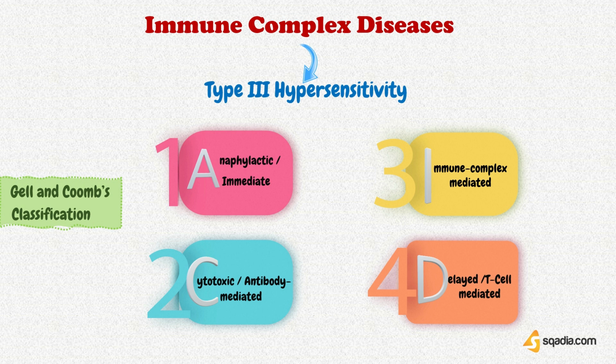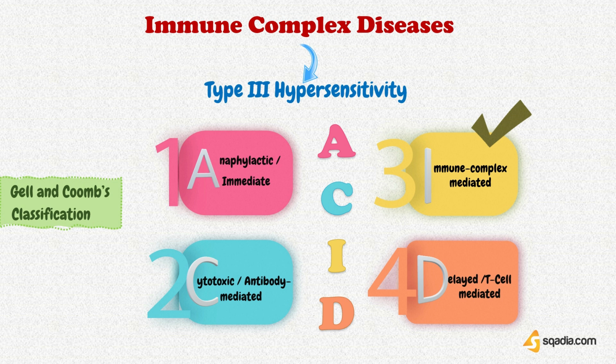And Type 4, known as delayed or T-cell mediated hypersensitivity reactions. You can memorize these types easily by the mnemonic ACID, where A is for anaphylactic, C is for cytotoxic, I for immune complex, and D for delayed.